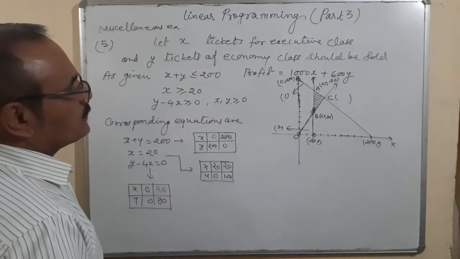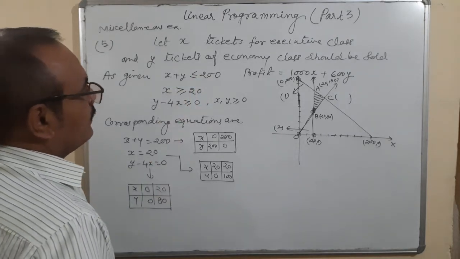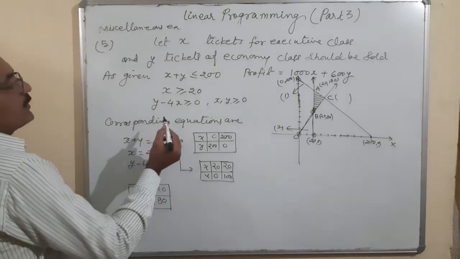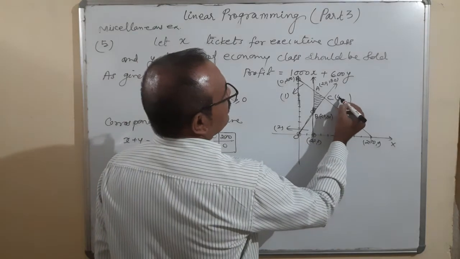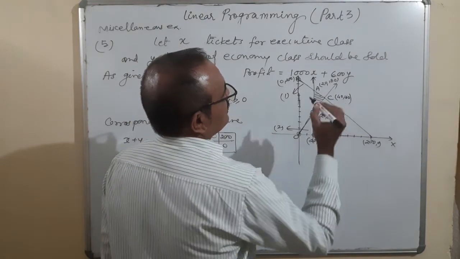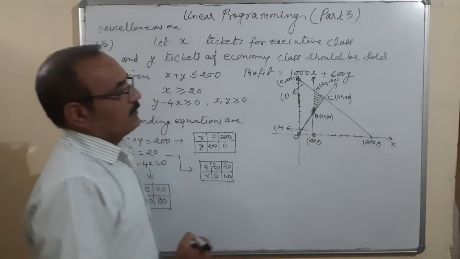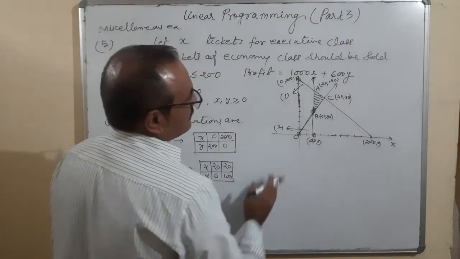So when I put x 40, then y is equal to 160. 40 and 160. Got it? Clear? These are the 3 points.